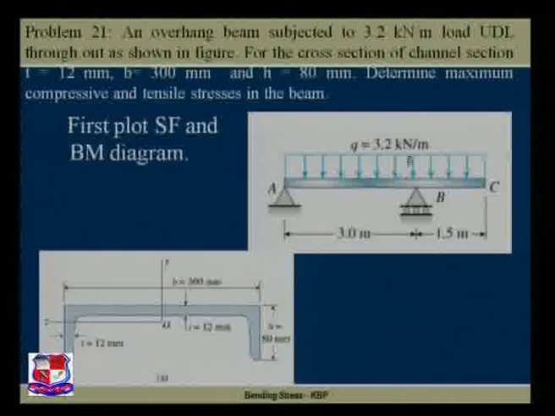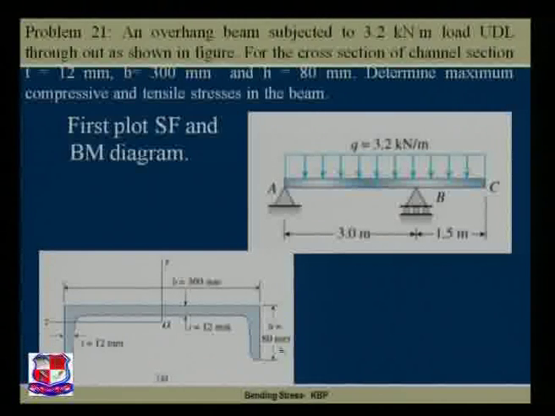The cross section is a channel section, which is given to us over here. T is equal to 12 mm, that is, the thickness is 12 mm throughout, and B is equal to 300 mm, this dimension is 300 mm, H is equal to 80.